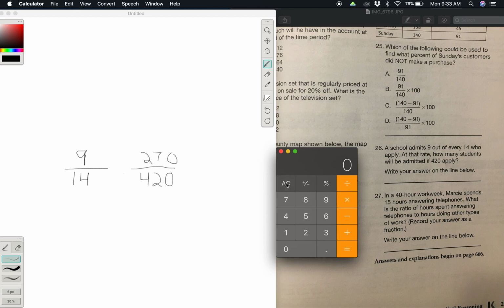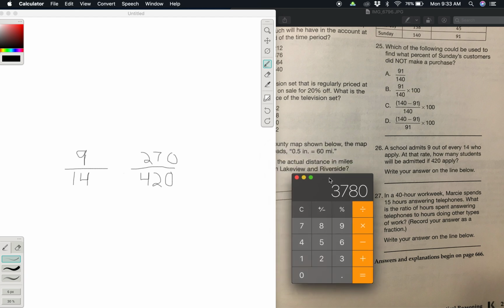Okay, so just cross multiply to check. 9 times 420 equals 3,780. Remember that number, 3,780. 14 times 270 equals 3,780. Alright, so we have an equal proportion there.